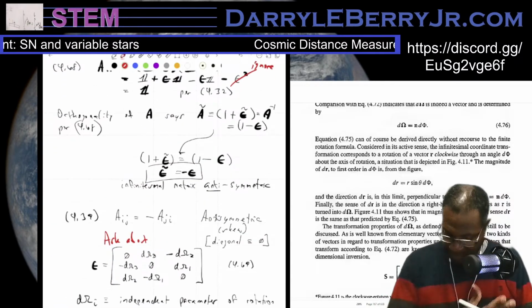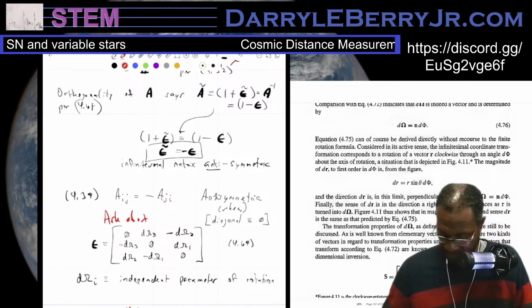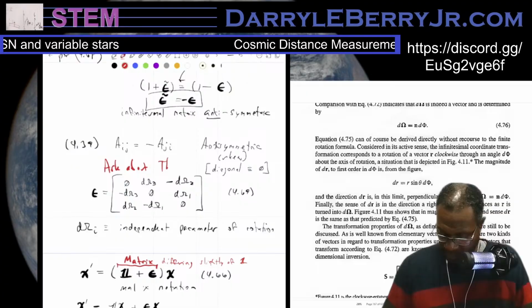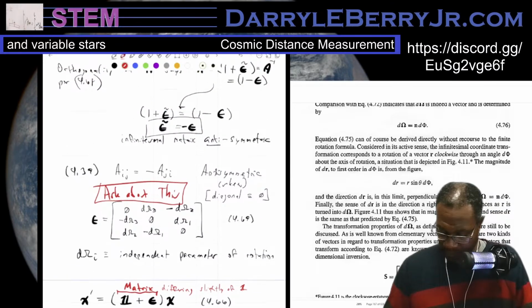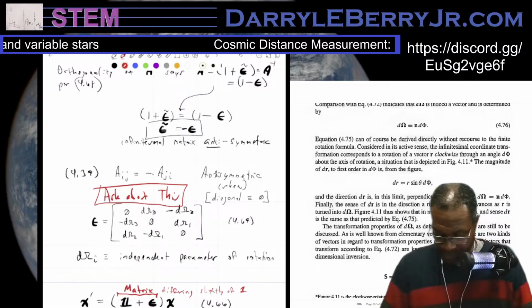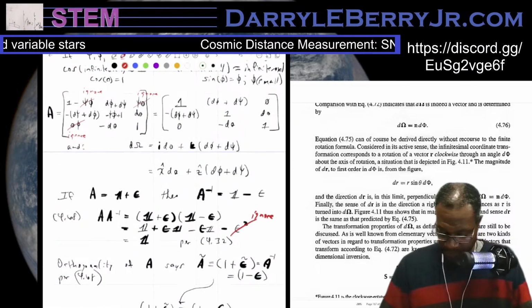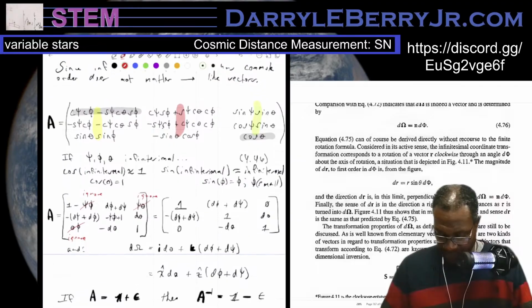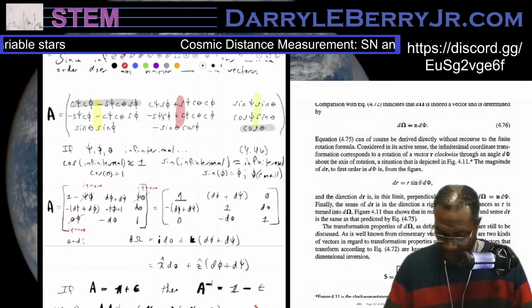Where does this come from again? The epsilon. Oh, infinitesimal axis rotation. Okay, that's right. So this came from plugging in. We covered this in class yesterday.